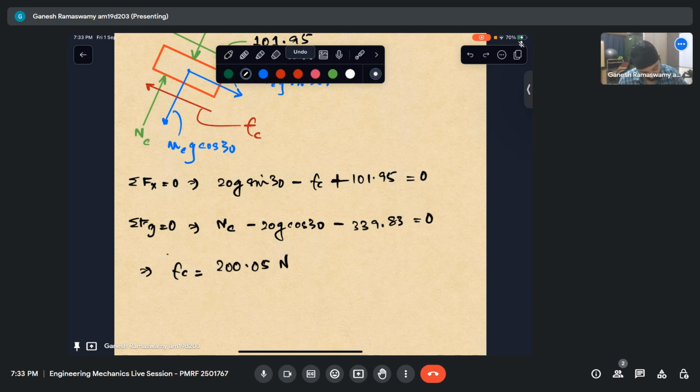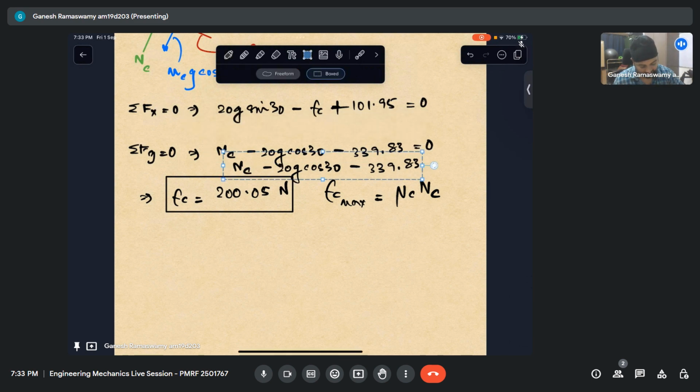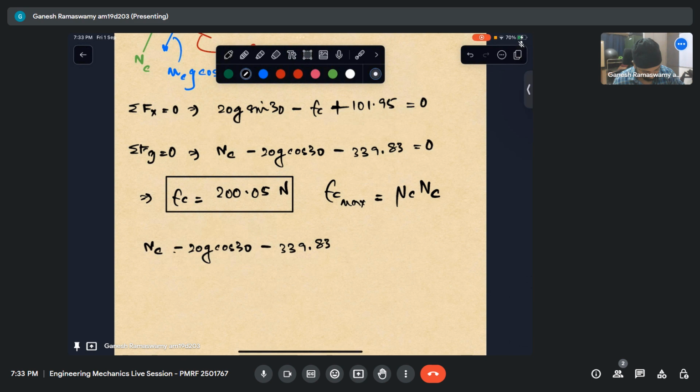Let us see if this makes sense. Now we know that Fc max is mu c NC. So for that, first we need NC. So from here we can calculate NC. It is nothing but equal to this plus this. So NC comes out to be 20 times 9.81 cos 30 plus 339.83.